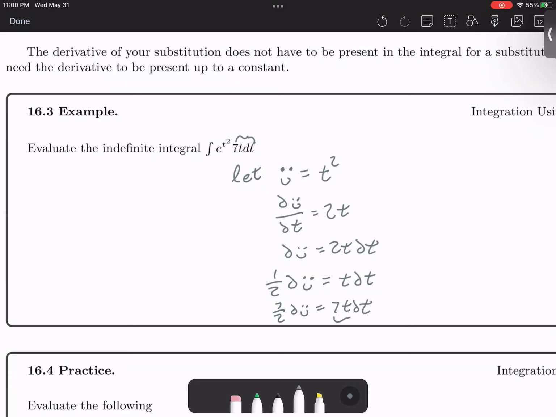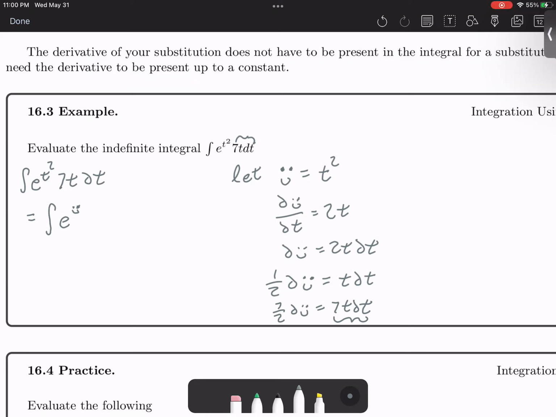There's my 7t dt. So I can replace the integral of e to the t squared times 7t dt as the integral of e to the smiley face, right? Because smiley face is equal to t squared.